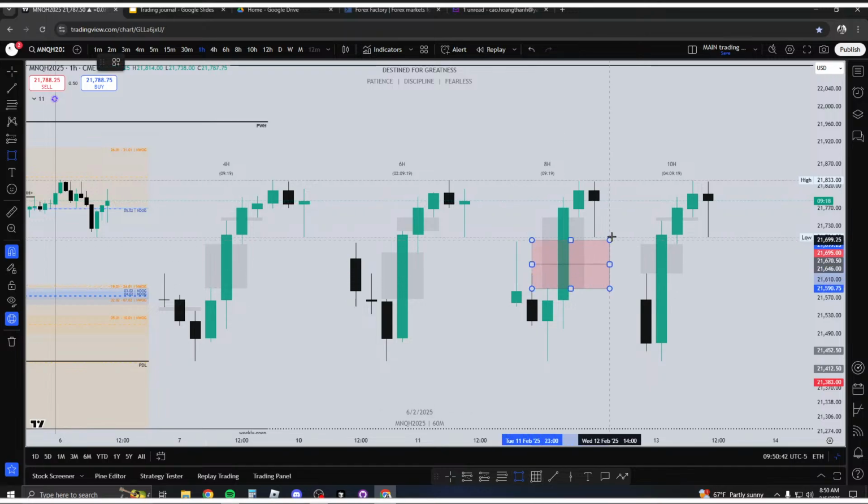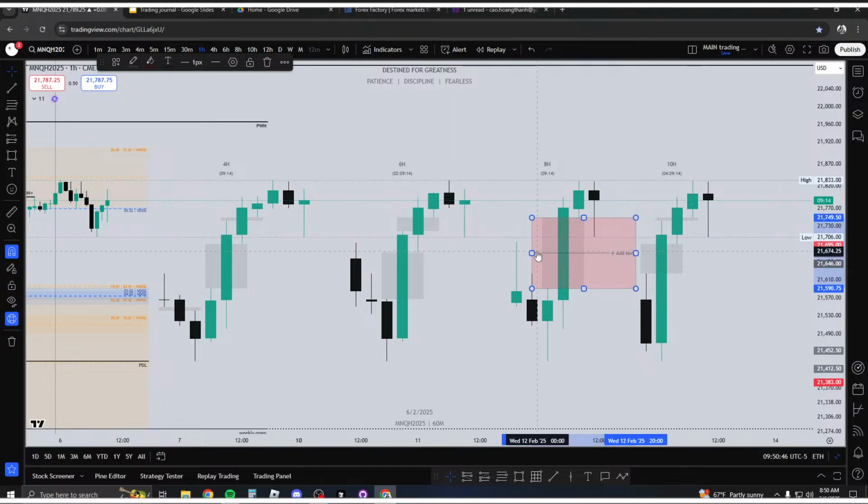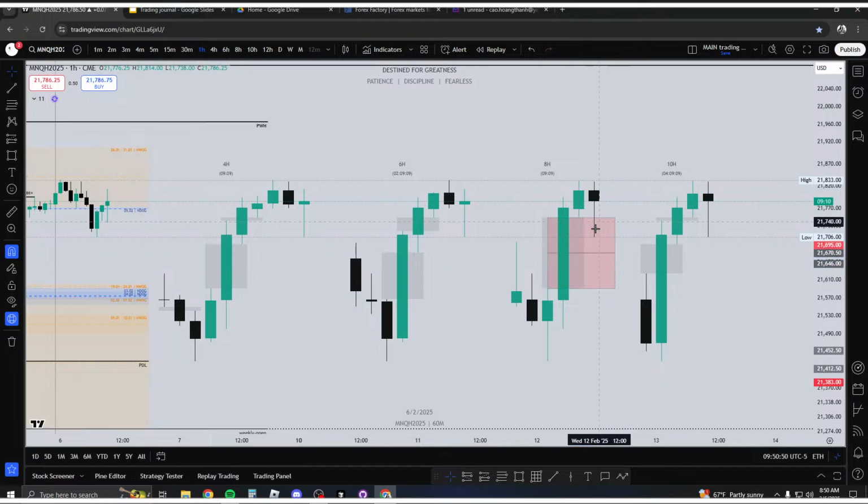So if we create a bullish up close 8-hour candle, that means I would know why we created it. Because look, we opened up here, right? We opened up here. We rebalanced. We traded back inside an 8-hour fair value gap.